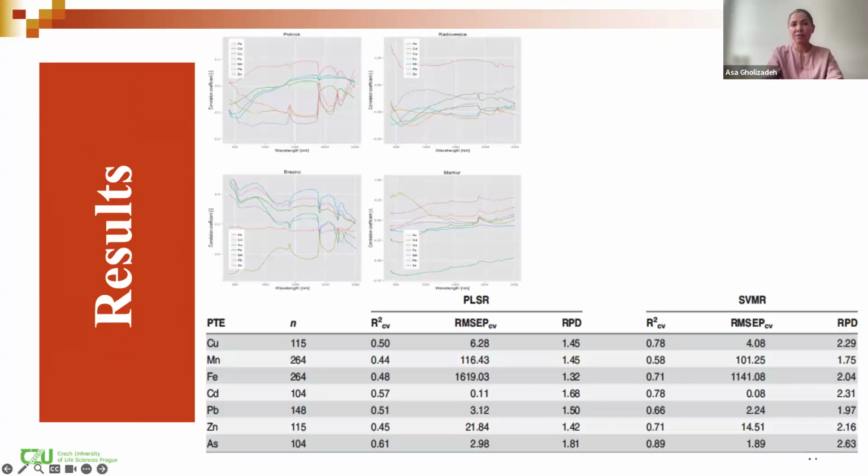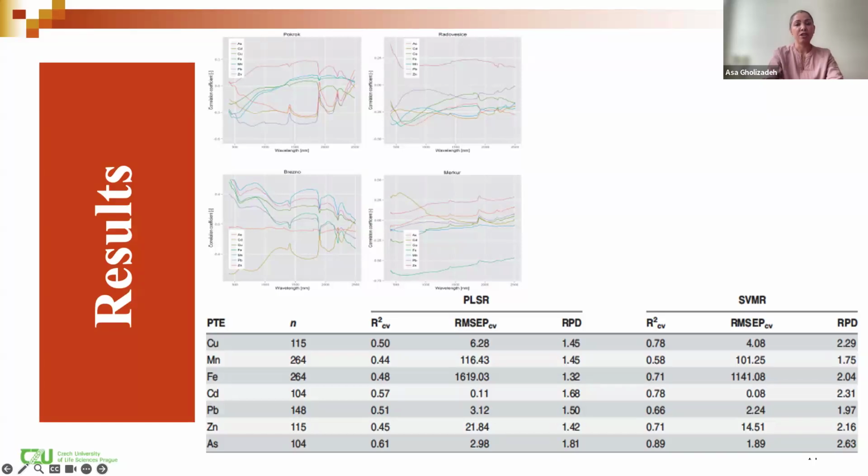Based on the results, to visualize the spectral implication of potentially toxic elements, some correlograms were plotted. Linear correlation coefficients between reflectance and potentially toxic elements were low to moderate, although it indicated that potentially toxic elements contribute to the reflectance of almost all wavelengths.